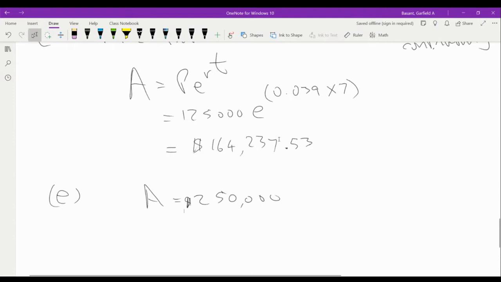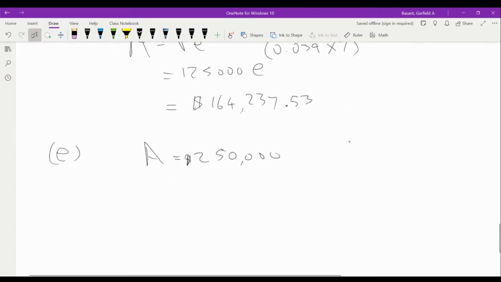So we're trying to see how long it takes to double our money. If we go back to this formula, 250,000 is equal to 125,000 e to the RT. And we know our r is 0.039.